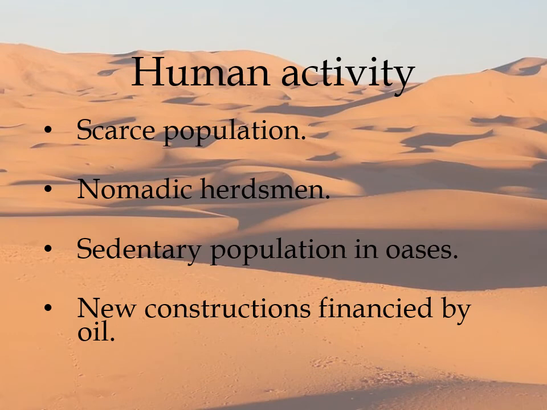Human activity then is very scarce. We can find nomadic herdsmen, so people that lead the sheep or goats through the desert, sedentary population in oases, which is the plural of oasis, and new constructions financed by oil. Some of the largest exploitations of oil are in the desert.